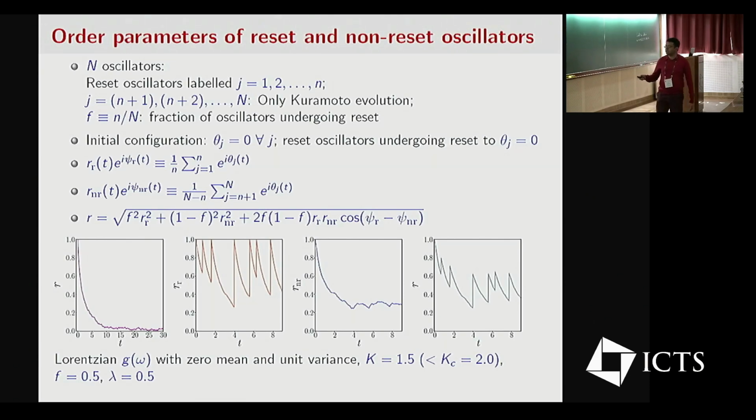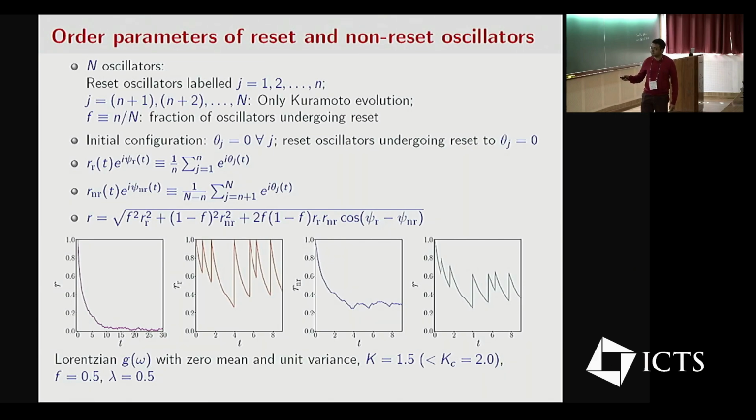Here I show the order parameter of the reset subsystem, the part of the system that is being subject to resetting. As you can see, I start from a fully ordered phase, and on its own it would like to get disordered and therefore it decays. But then at this instant there is an instance of resetting, and therefore it goes again to 1 and so on.